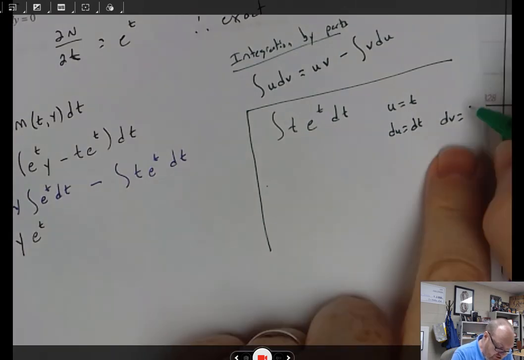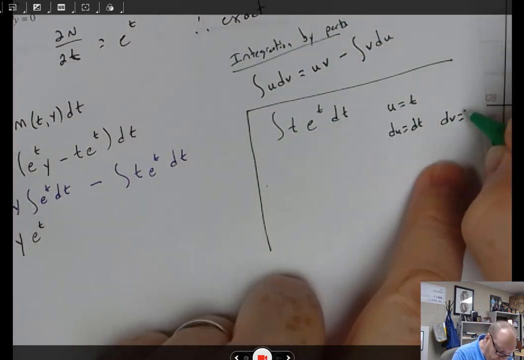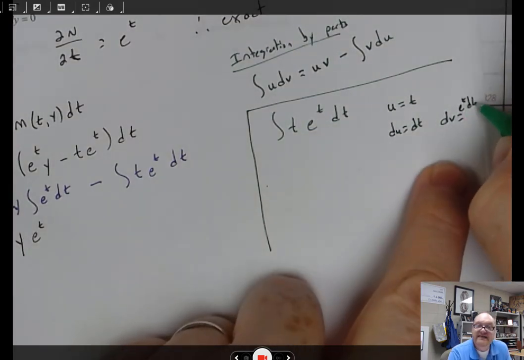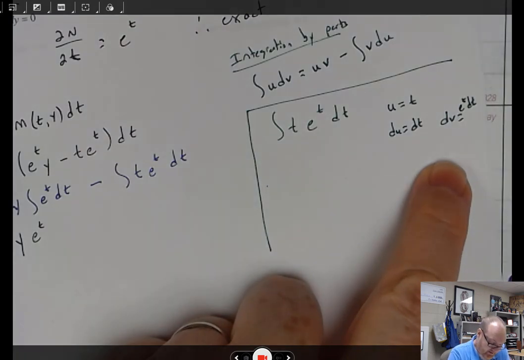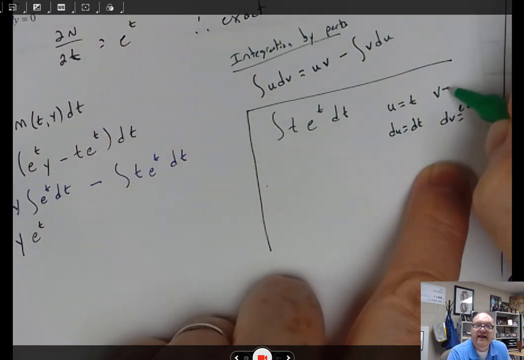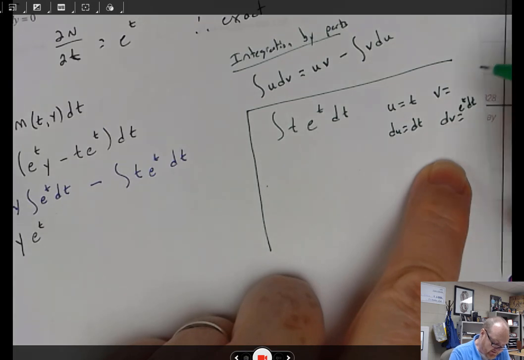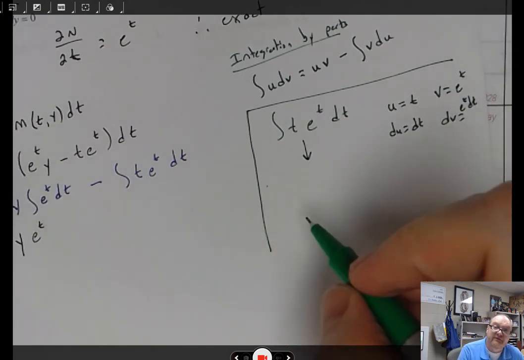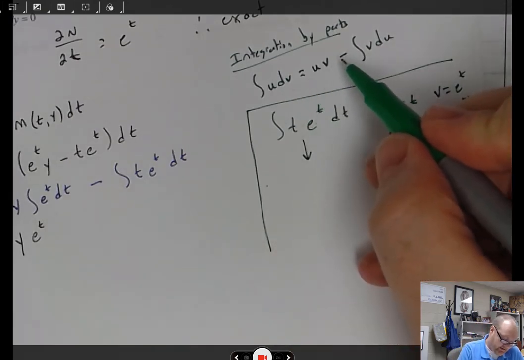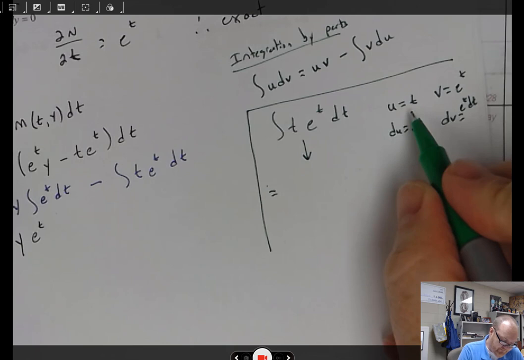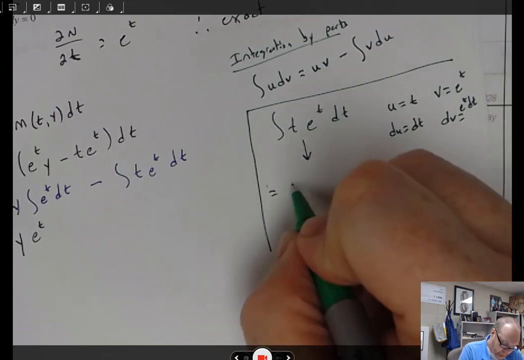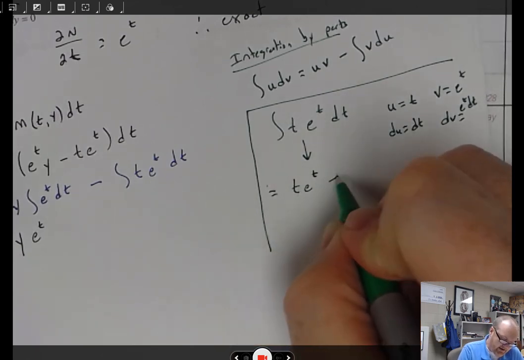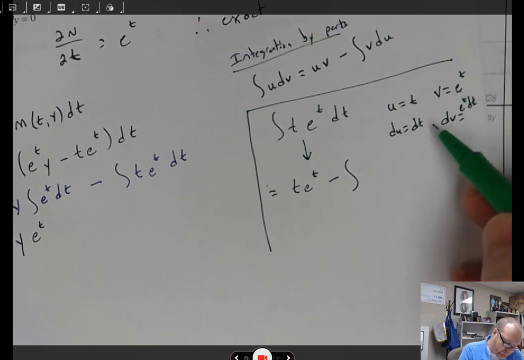And then I choose e to the t dt for my dv, and I integrate to find v. That's an easy integral. So this problem is exactly the same problem, using this formula. It's equal to uv minus the integral of v du.